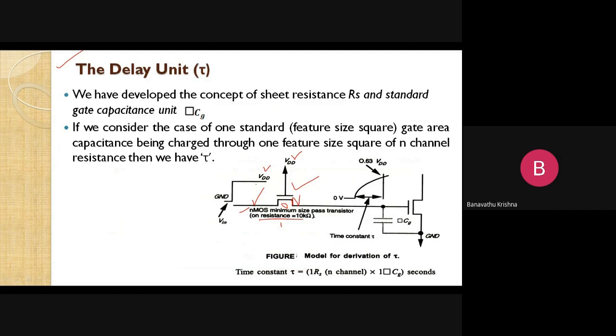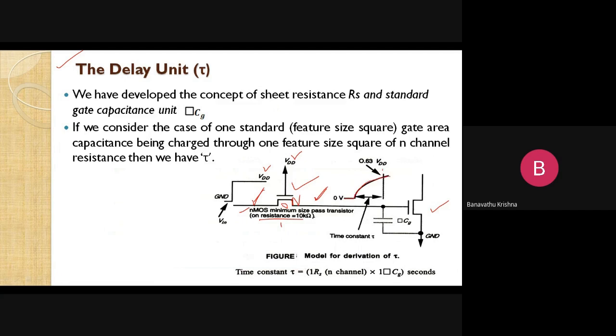This VDD is going to be passed from one point to the next, right? The output of the pass transistor is connected to the input of another N channel device, so this response is going to be charged. It changes from 0 to VDD, right?